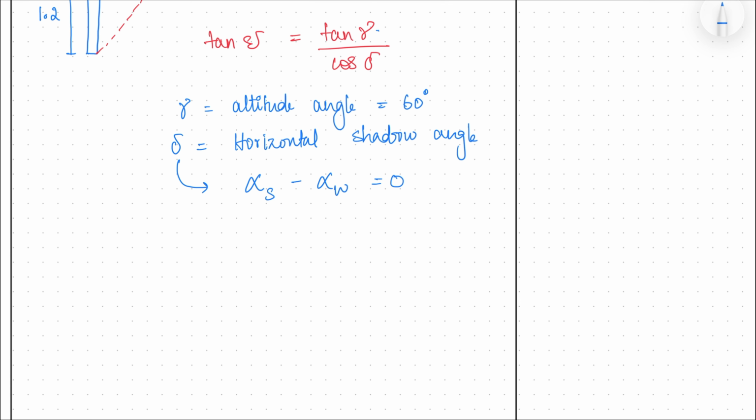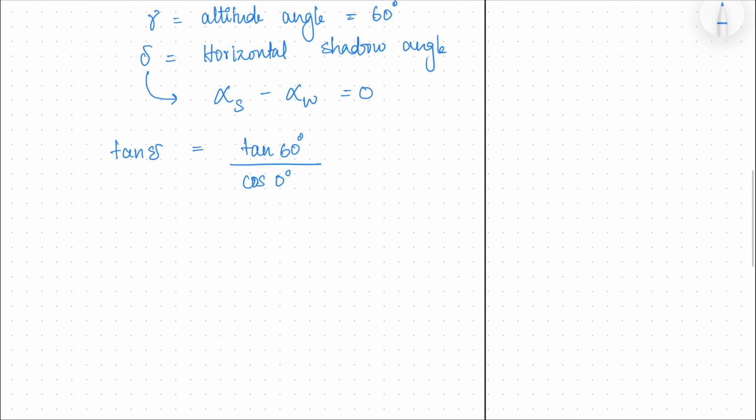So your delta is 0. So what is your tan epsilon? Tan epsilon becomes tan 60 degree by cos 0 degrees, right? And tan 60 is root 3 and cos 0 is 1. Okay, so your tan epsilon is equal to root 3.